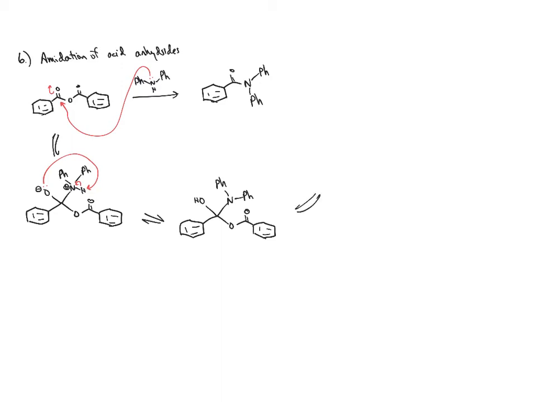Okay, at this point we can get collapse of that tetrahedral intermediate with loss of the leaving group. This time the leaving group is the benzoate.